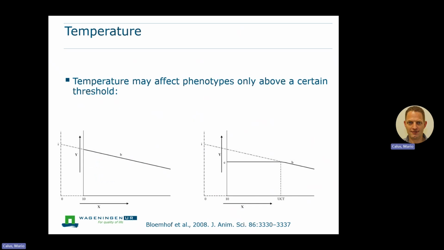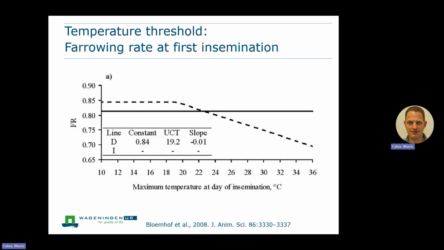So if we think about temperature, and more about this also in the next lecture at 10 o'clock, temperature may affect phenotypes only above a certain threshold, and this has been recognized for quite some time. Here's an example in pigs where we see the trait farrowing rate at first insemination. These are average values for 2 different breeding lines.